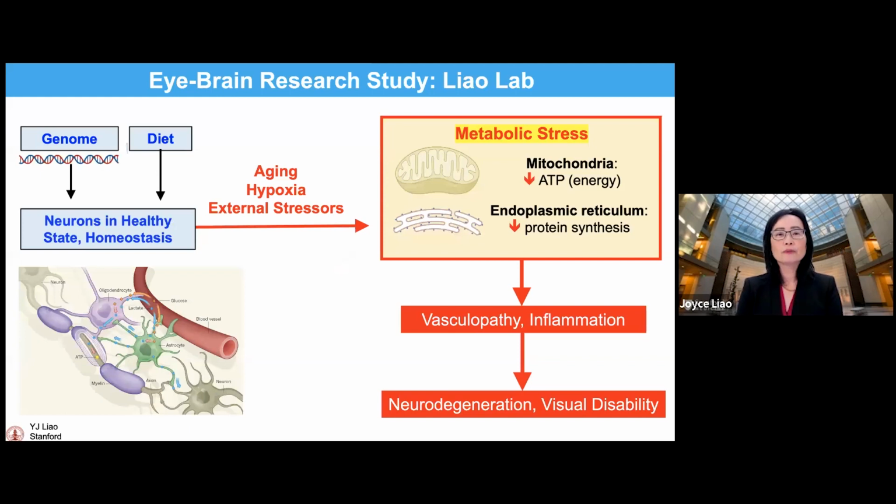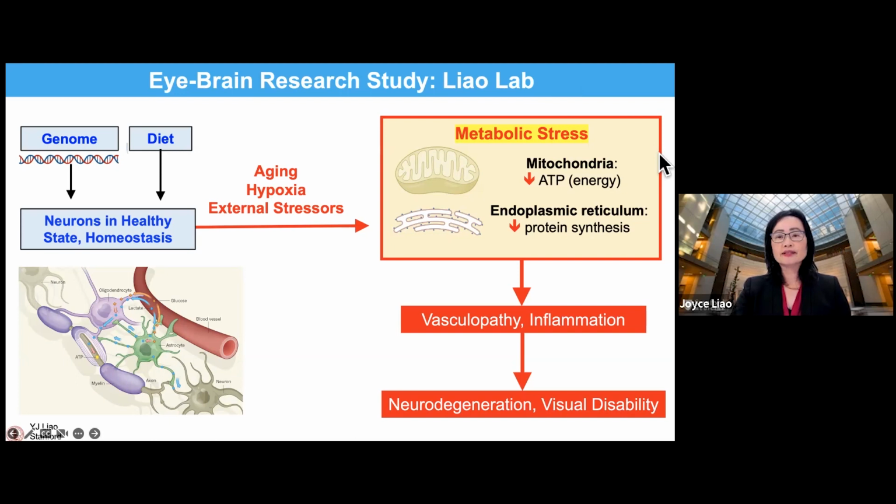In my lab, we perform eye-brain research studies. In a nutshell, we look at factors such as the gene, our environment, such as our diet, and how they regulate our neurons in a healthy state, we call it homeostasis, or in an abnormal state as a result of aging, hypoxia, or other external stressors. These stressors lead to metabolic stress in our body, specifically, not just body overall, but in subcellular compartments.